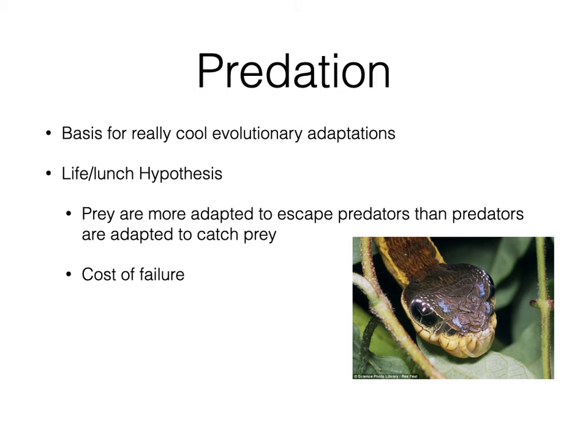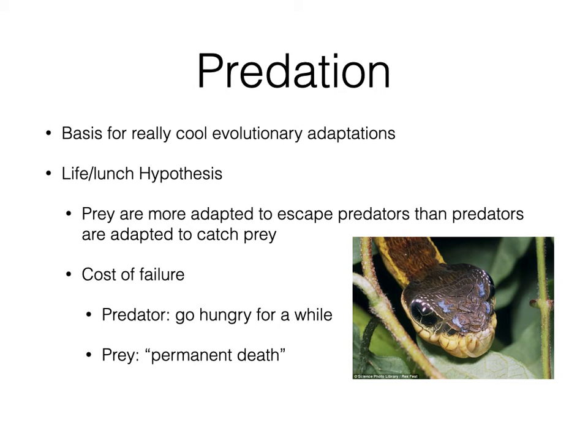They simply go hungry for a period of time until they are successful in catching a prey item. So the cost of failure is the reason why prey are better adapted to escaping than predators are to catching them.